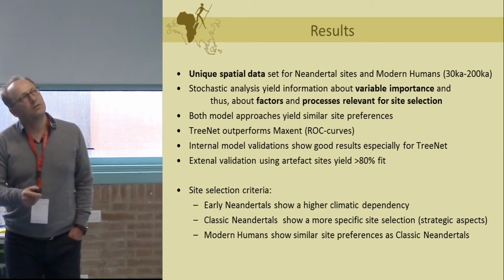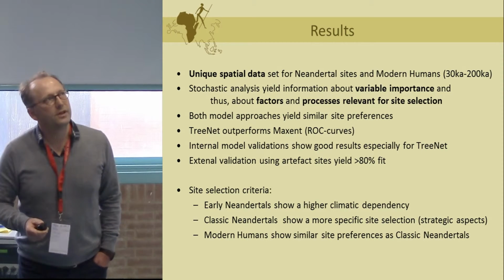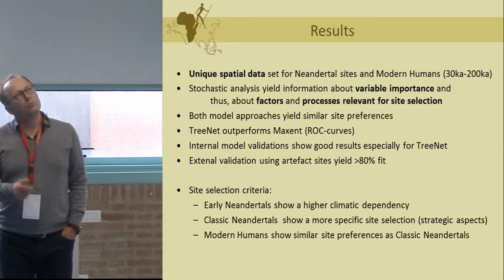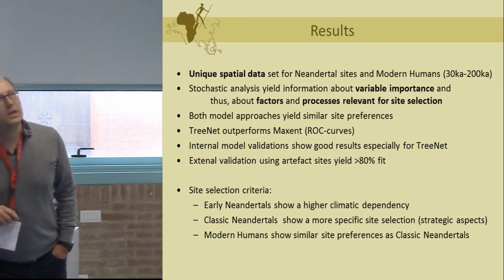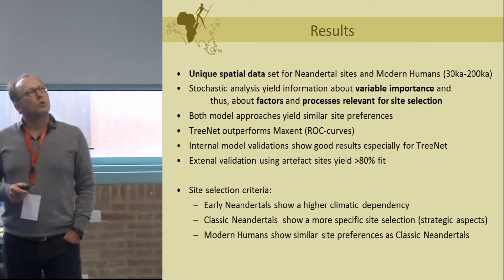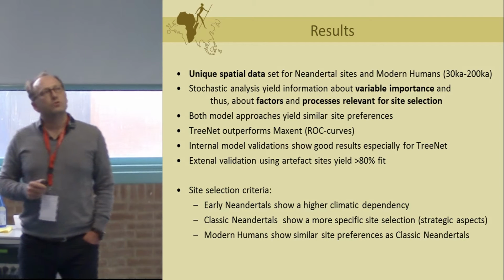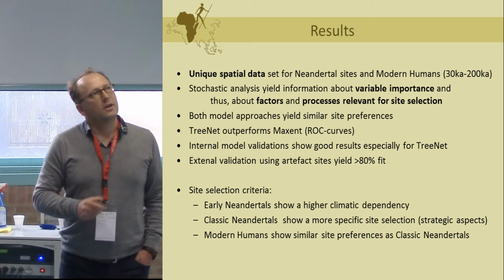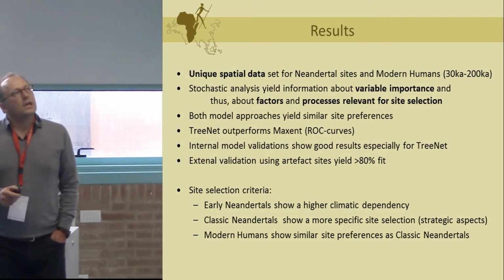TREENET, as I've shown, outperforms Maxent, especially in the classified variables or in the Neanderthals. And the internal model validation showed good results, especially for the TREENET model. So this is much better than the Maxent model. However, an external validation also showed quite good results for the classical Neanderthals. So as I've shown, more than 80% fit.